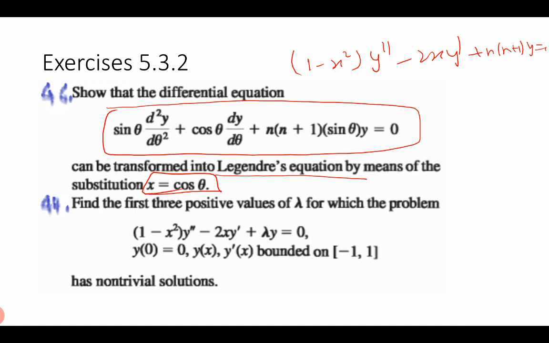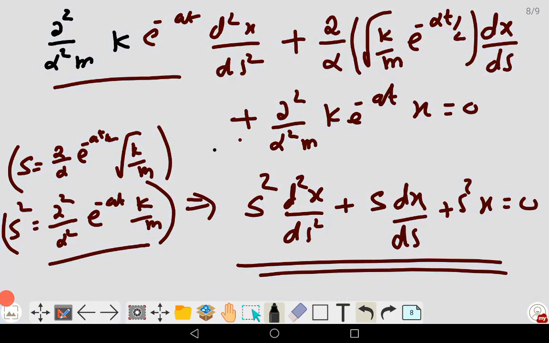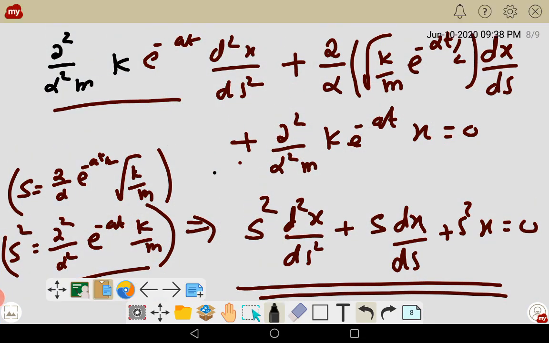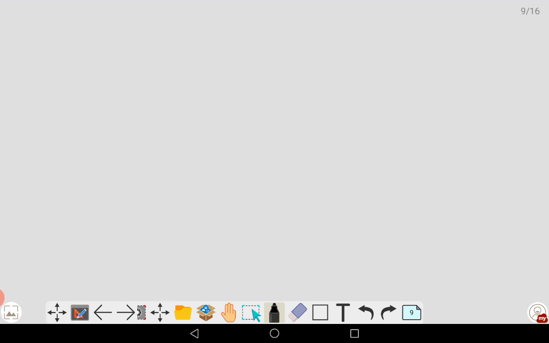Shall we go ahead? The same sheet will go. We are given a differential equation. First we should write the given differential equation. What is the given differential equation?